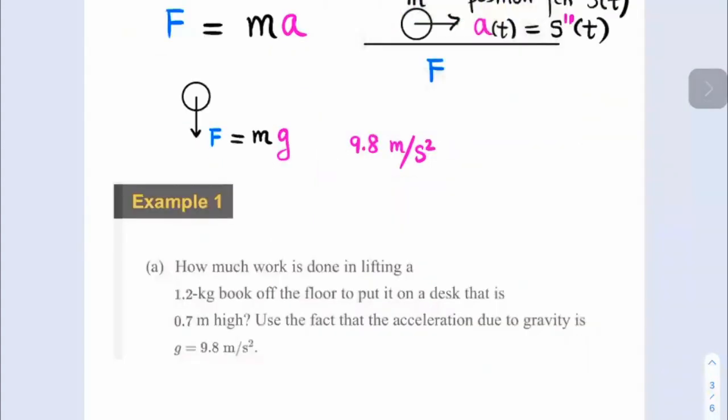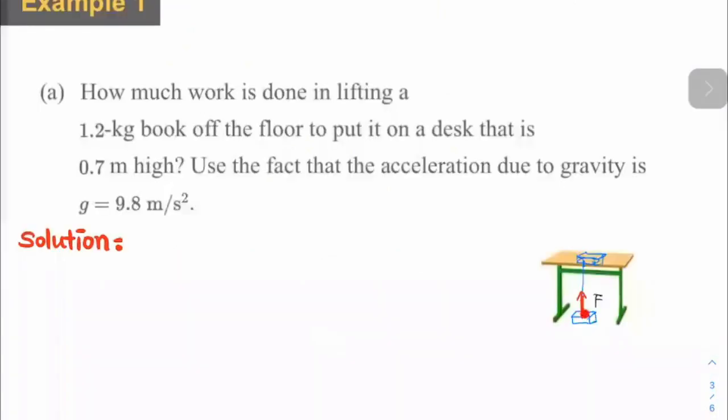Example 1. How much work is done in lifting a 1.2 kilogram book off the floor to put it on a desk that is 0.7 meter high? The force to lift this book is equal and opposite to the gravitational force.